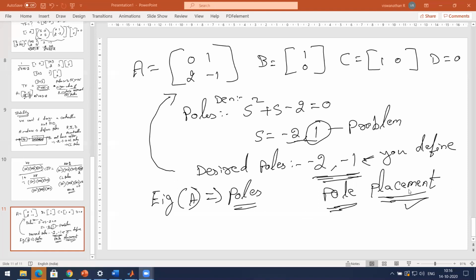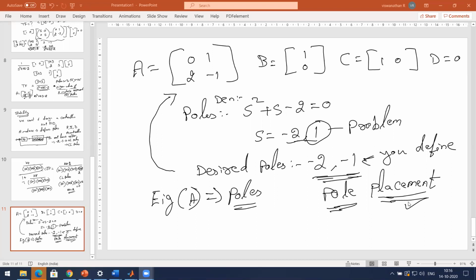Pole placement means you are able to place the poles in the required position, your desired position. So -2 comma -1 is my desired position. So you are able to place the poles in the desired position by modifying the A matrix. Okay, so this is the concept of pole placement.